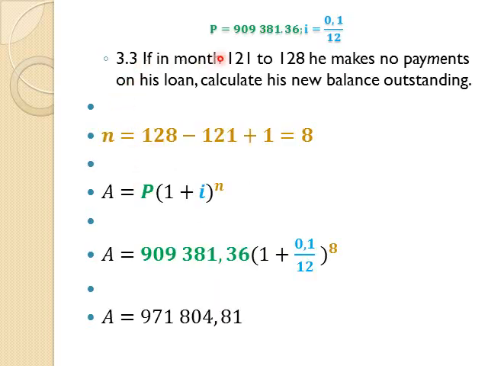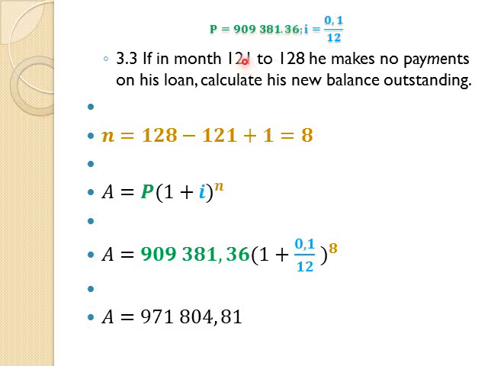Now they say if in months 121 to 128 he makes no payments on his loan, calculate his new balance outstanding. So remember, 10 years, 10 times 12 gives me 120 payments. So after 120 payments, his balance outstanding was 909,381 rand 36.